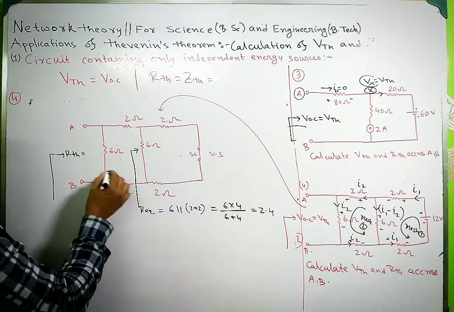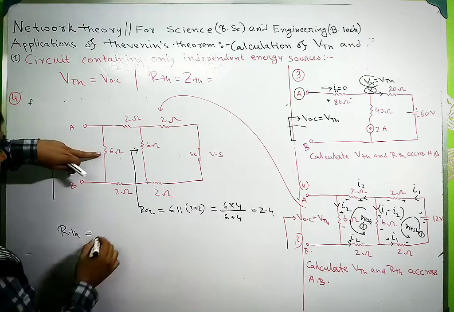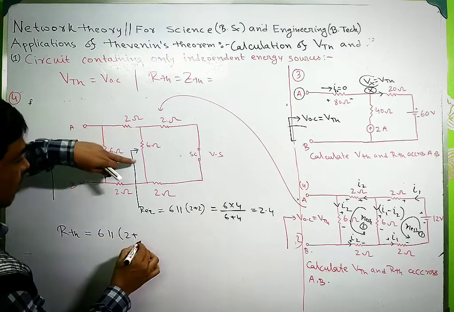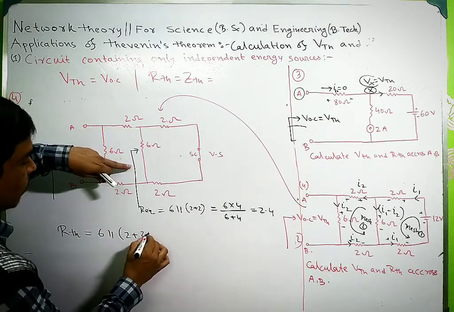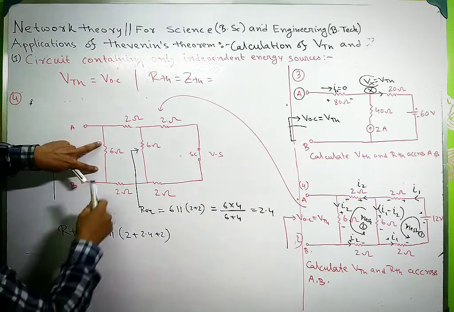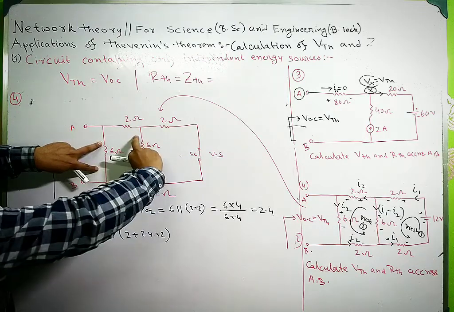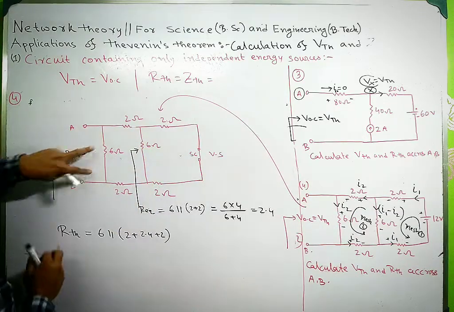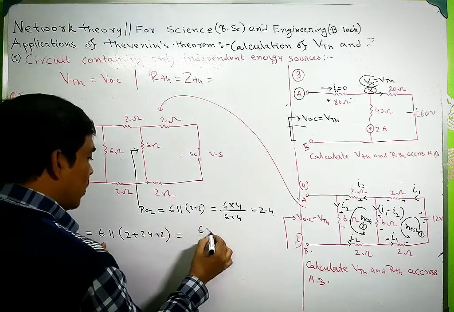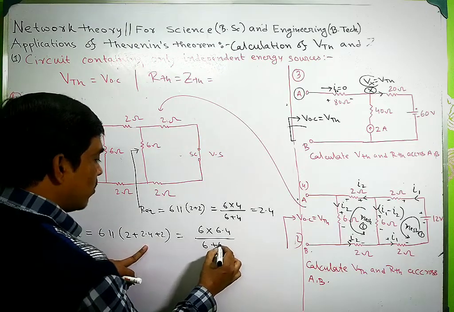Now RTH will be 6 parallel to 2 plus this equivalent 2.4 plus 2. This resistance is parallel to 2 plus 2.4 plus 2. So in this case it will be 6 multiplied by 6.4 divided by 6 plus 6.4.